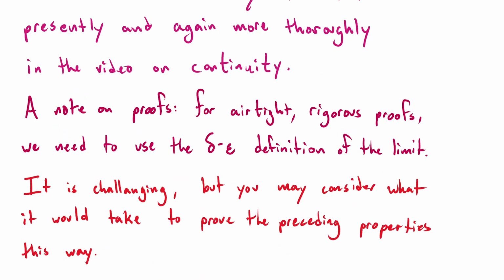Now we're going to use deltas and epsilons in order to prove a couple of key facts. We didn't prove any of the properties that I've asserted already, and it's quite challenging, but you may want to consider what it would take in order to prove those properties in this way. It's a good idea to challenge yourself by thinking slightly beyond the level where you're at.